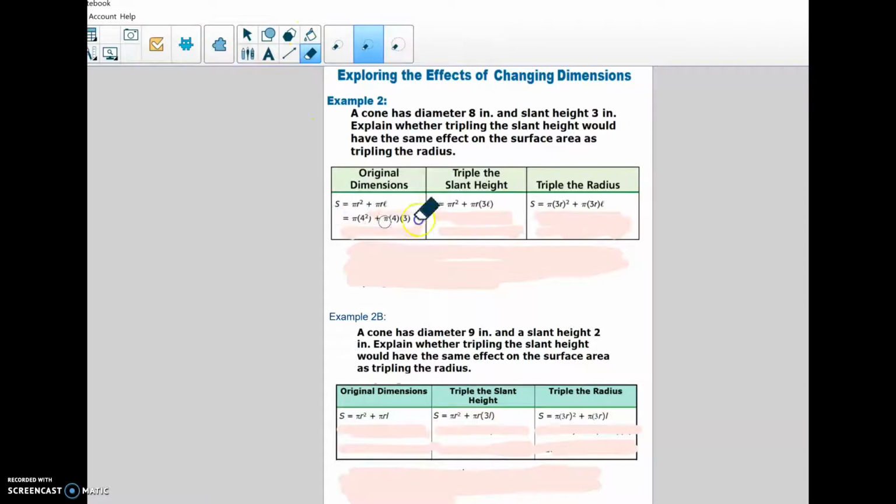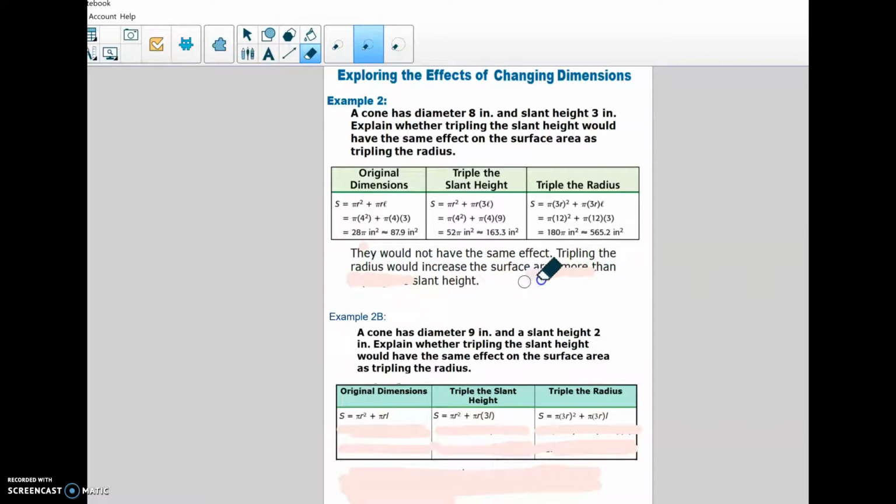So we've got those numbers put in here, and originally it would be 87.9, and then if you triple the slant height, it's 3 times bigger, so it would be 163.3 because right here you're tripling just the slant height, and this would be much bigger. So they would not have the same effect.